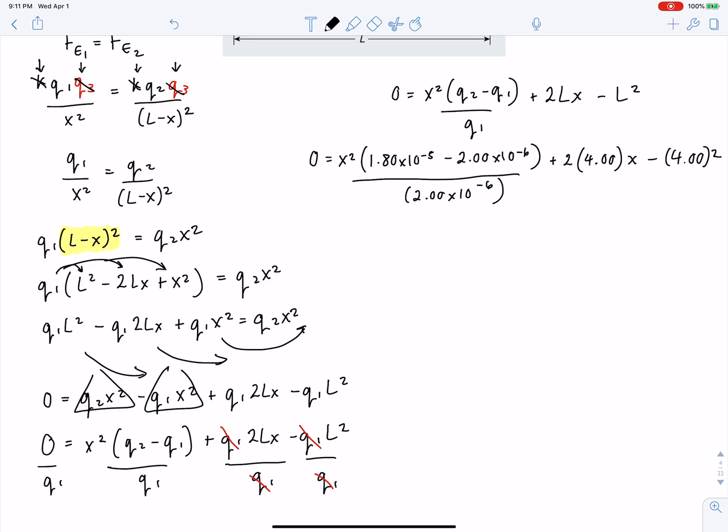We can simplify this. We are left with 0 equals 8x squared plus 8x minus 16.